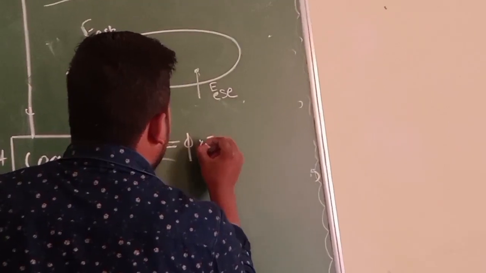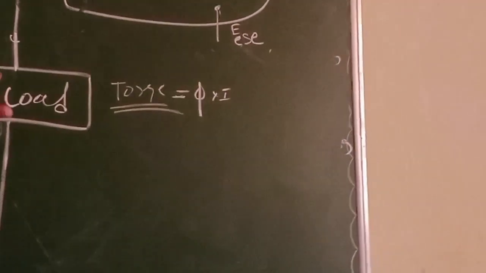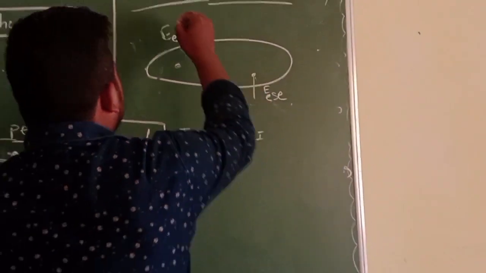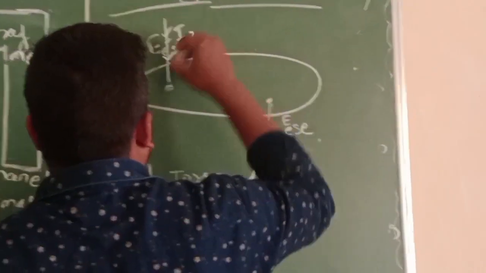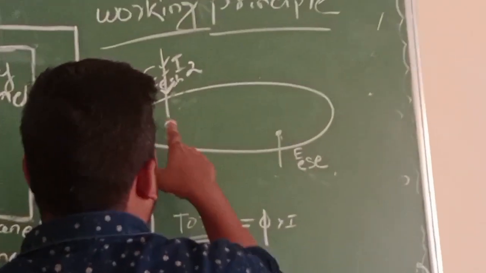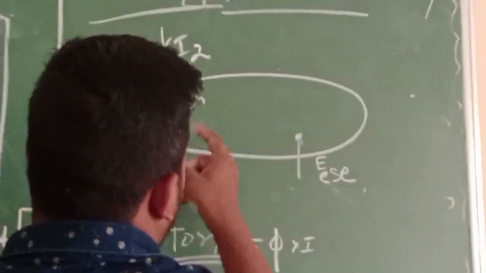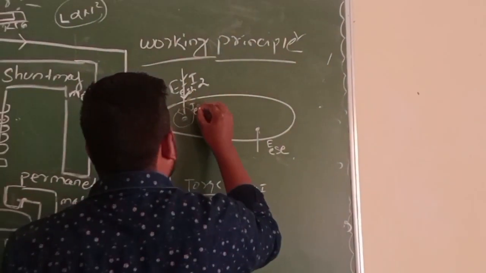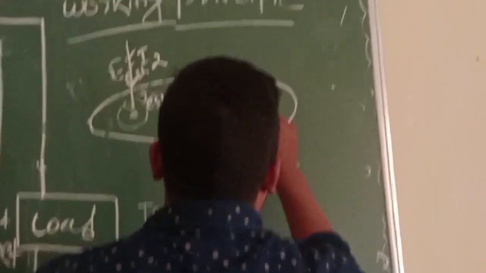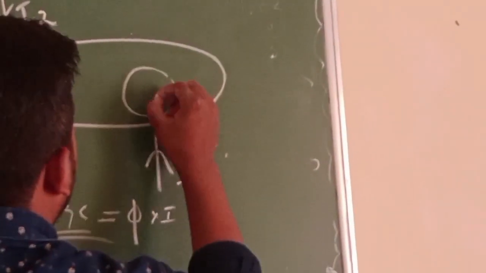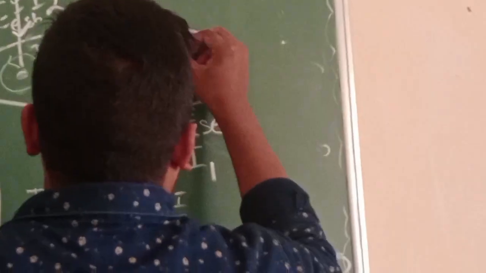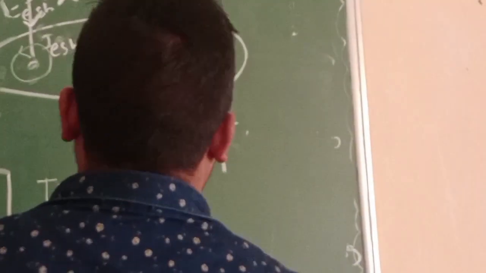Torque is defined as phi into I, flux into current. Here there are two fluxes linking, with currents I1 and I2. The shunt field develops an eddy EMF and eddy current, and the series field develops an eddy voltage and eddy current.